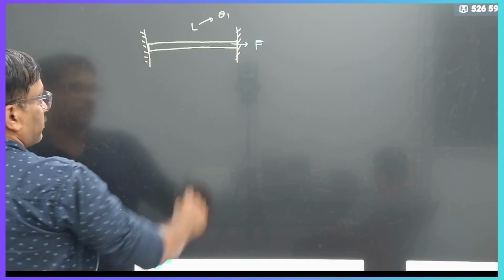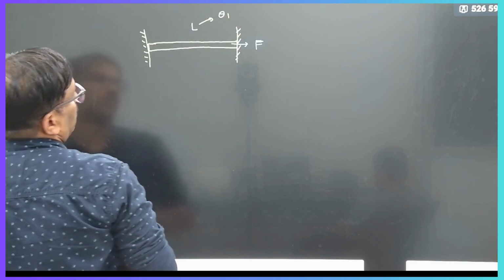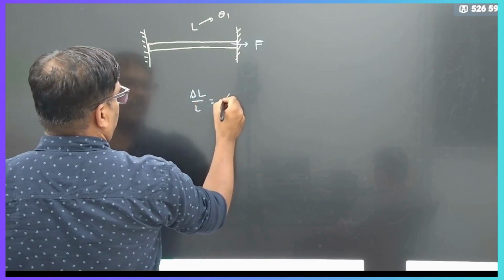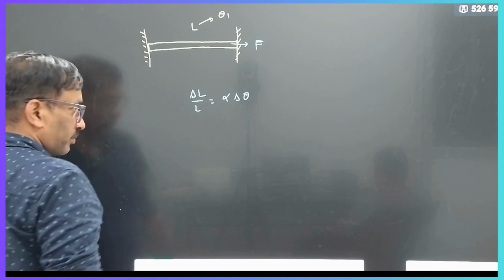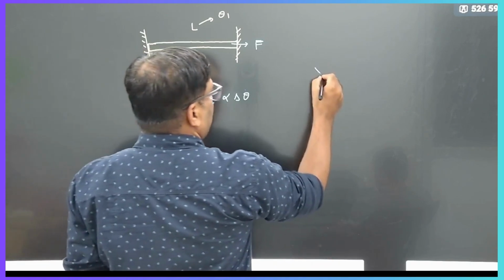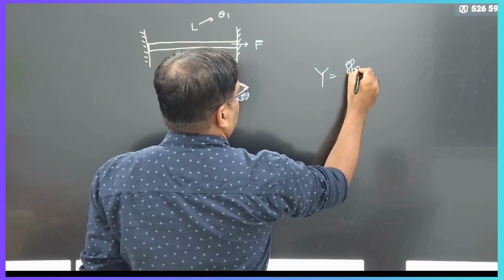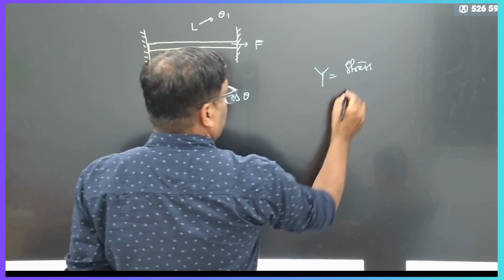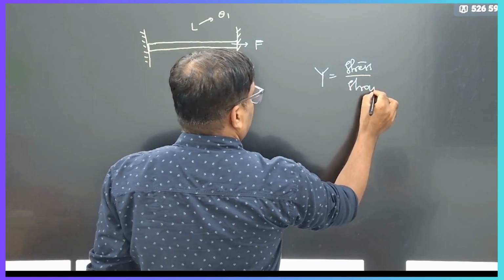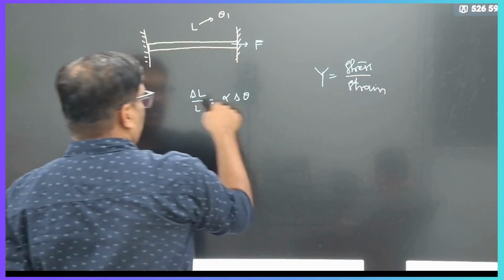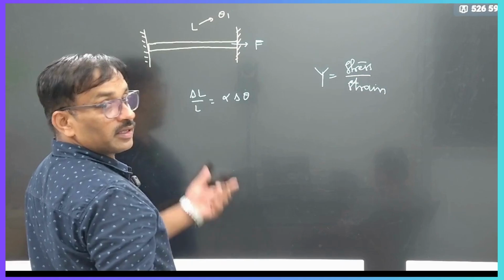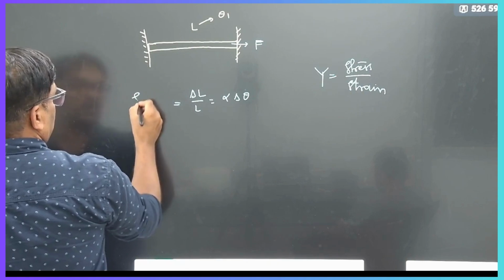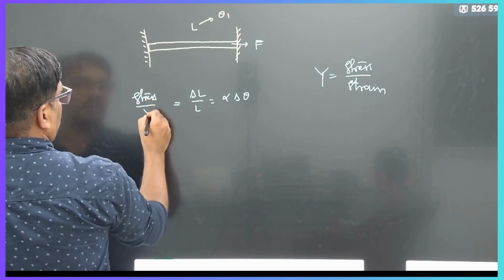When temperature increases, there will be a change in length. Delta L by L is nothing but alpha into delta theta. You know Young's modulus: that is stress by strain. This delta L by L is the strain, so strain equals stress by Young's modulus.